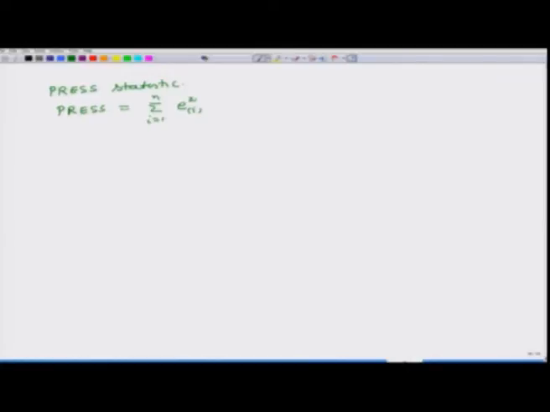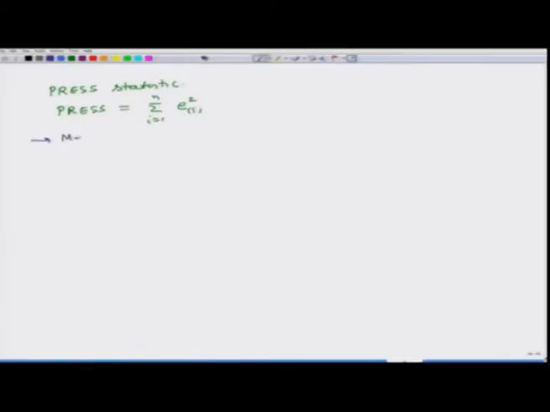If you observe this quantity, what are we doing? We delete one observation at a time from the given data set, find the fitted model using ordinary least squares estimation or maximum likelihood estimation, and then calculate the PRESS residuals.